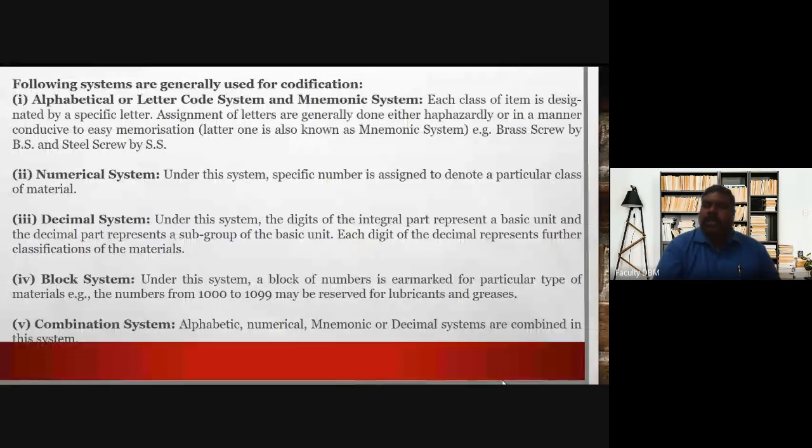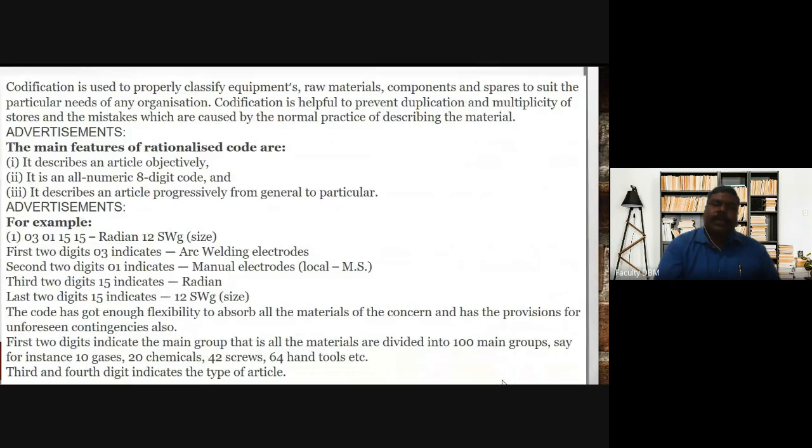So codification, the last one is the combination system. In this, all alphabetical, numeric, mnemonic and decimal systems are combined. Codification is used to properly classify equipment, raw materials, components, and spares to suit the particular needs of any organization.